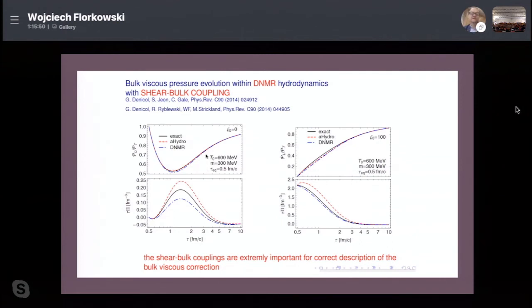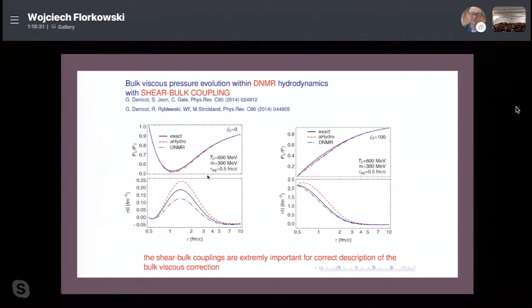So again, the lesson is that one has to use the newest versions of hydrodynamic models if we want a reliable hydrodynamic approach, especially if we want to describe effects connected with bulk pressure. For instance, in the case where we have no conformal symmetry, the terms identified in the last years are really important because they play an important role in getting agreement between exact solutions and hydrodynamics.